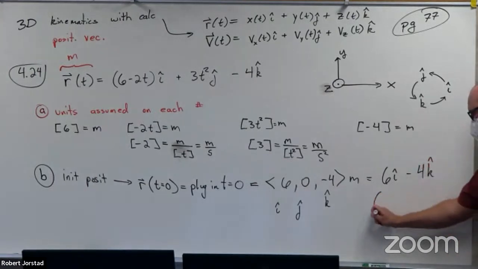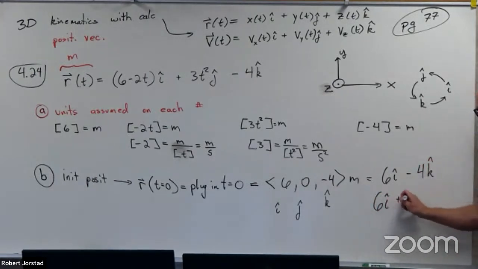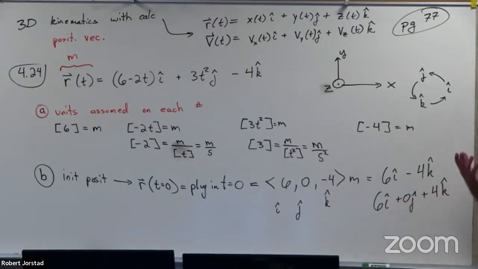You could write it in this way. 6 in the I hat, plus 0 in the J hat, minus 4 in the K hat. I had a student once tell me they really felt uncomfortable writing down the vector without all 3 components specified. I don't care as long as it's correct, right? Now on these, I would probably put units of meters, just because we know it's supposed to be in units of meters based off of all our discussion in part A.